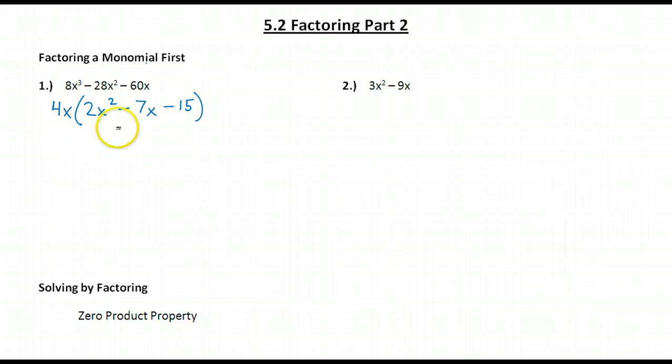And I could check this answer by distributing this 4x back into the parentheses. At this point, I need to factor what I'm left with in the parentheses. I'm going to leave the 4x out front, and I'm going to factor this trinomial.